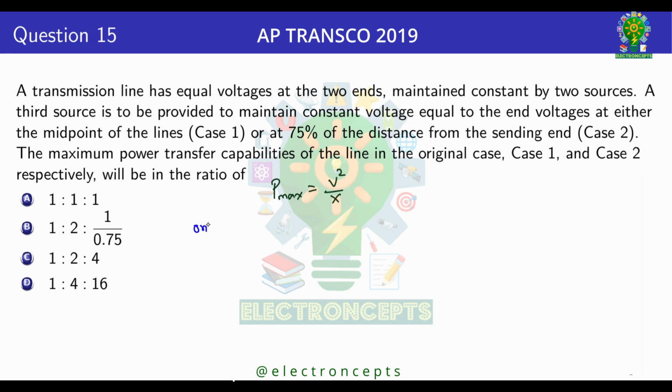For the original case, Pmax is equal to V square by X. For case 1, a third source is connected at 50% of the line.